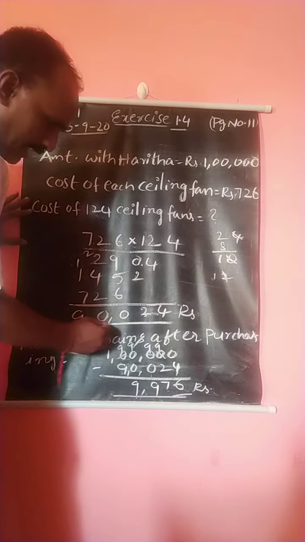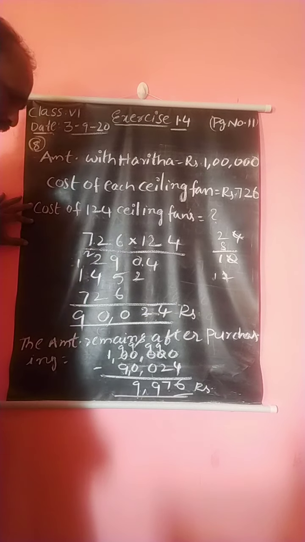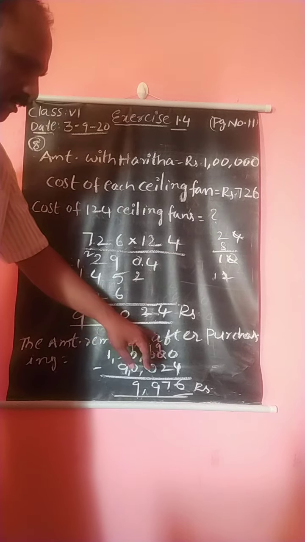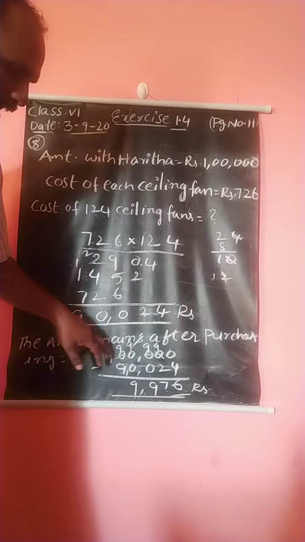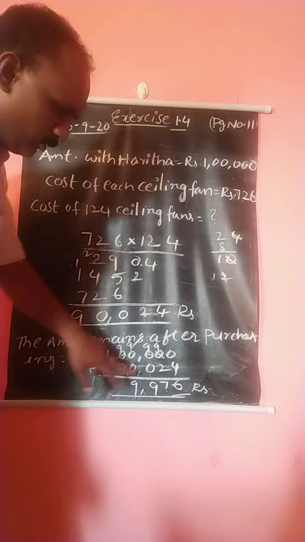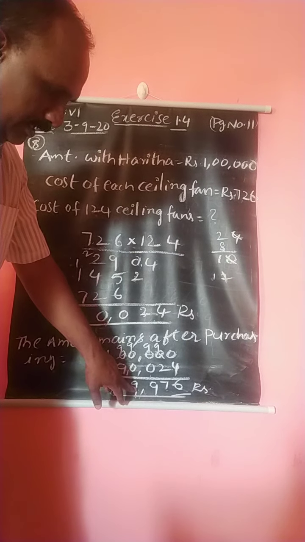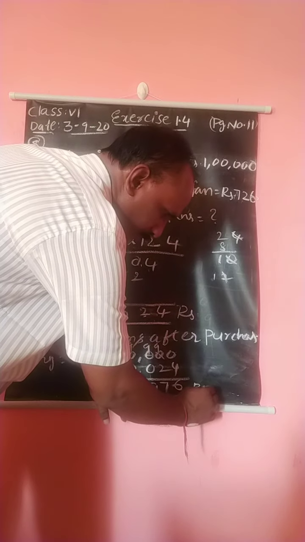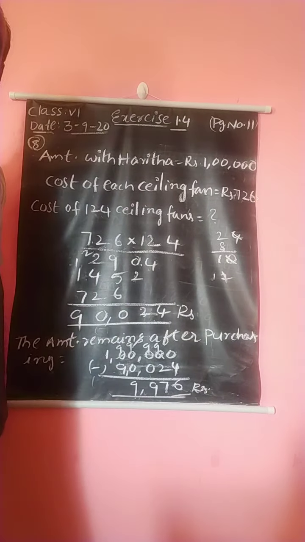Then the amount remaining after purchasing is 1 lakh minus 90,024, which is equal to 9,976 rupees. This is right.